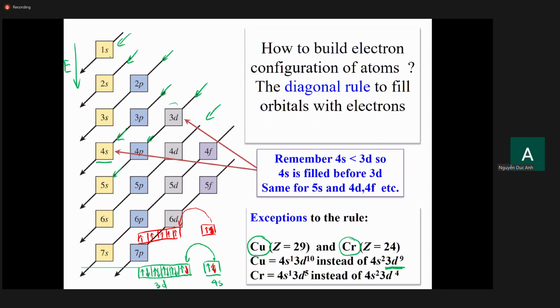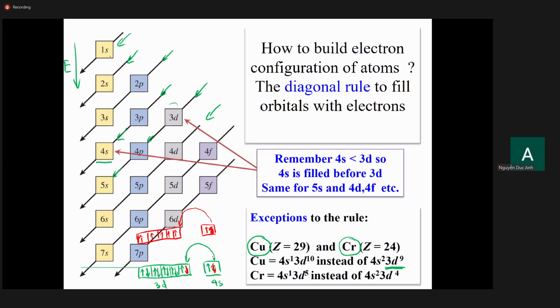And this can be explained as follows. As you see in this case, you have 1, 2, 3, 4 electrons. Now 5 orbitals of 3d get electrons in 4, and only one has no electron. So this leads to a situation where these orbitals lack electrons.